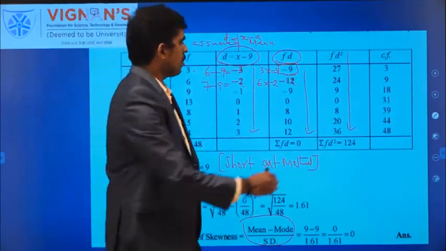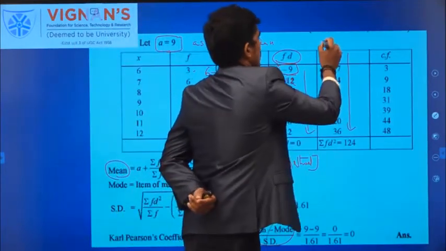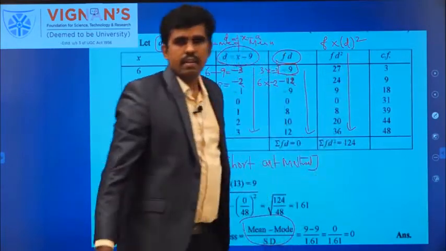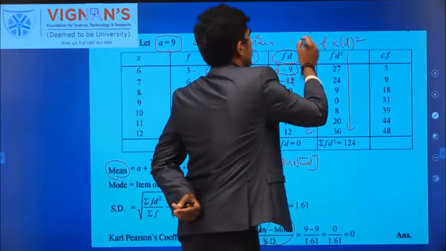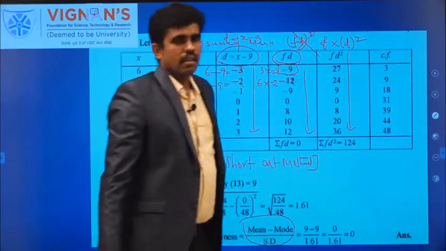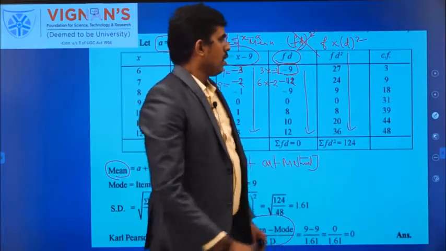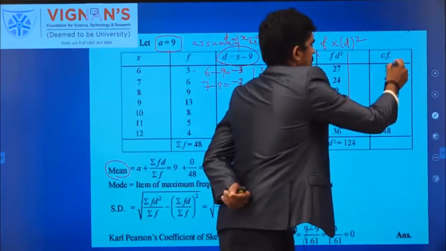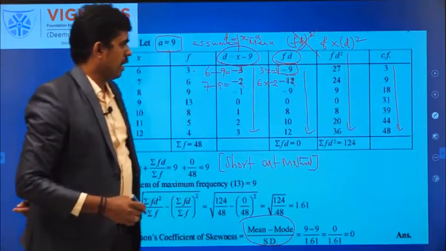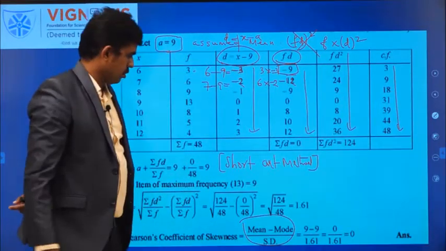That will be useful. So fd square means f into the corresponding deviation square. Don't think it is fd the whole square. That is not correct. It is f into d square, and then cumulative frequency. You add the frequency values step by step, then you will get the cumulative frequency.